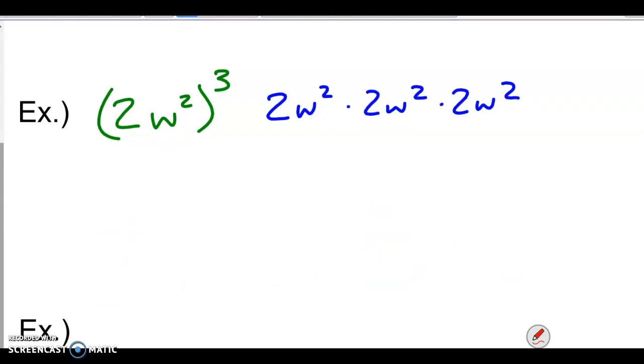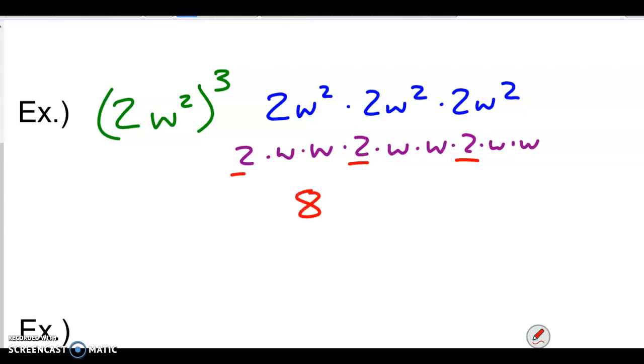So again, if I have 2w squared times 2w squared times 2w squared, this essentially is 2 times w times w times 2 times w times w times 2 times w times w, right? So I have 2 times 2 times 2, which is 8. And then I've got 1, 2, 3, 4, 5, 6 w's involved, so I have w to the 6th.